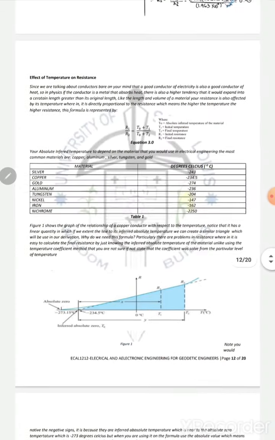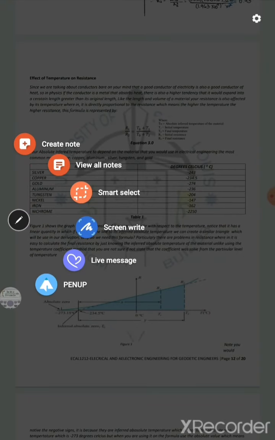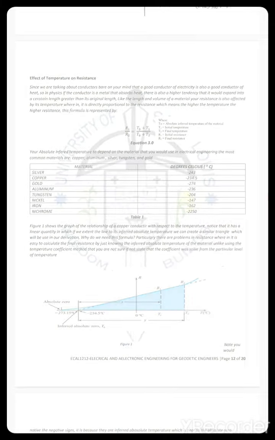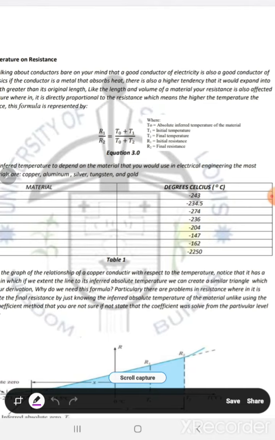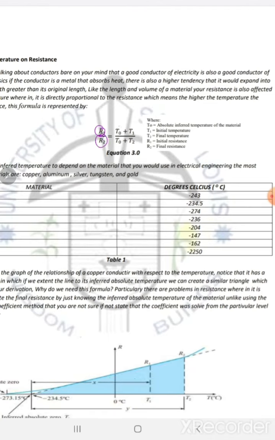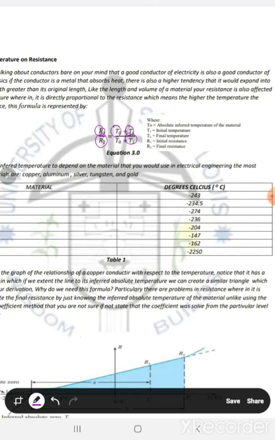Take note that in this formula we have five parameters in total: R1, R2, T0, T1, and T2.